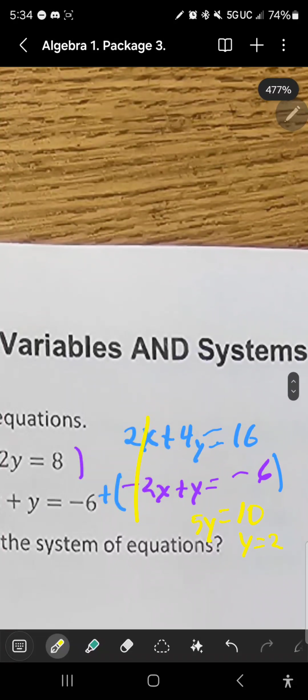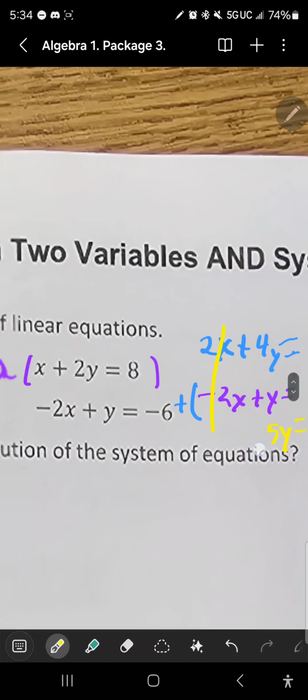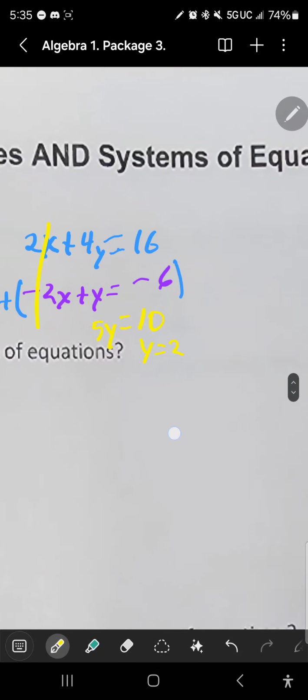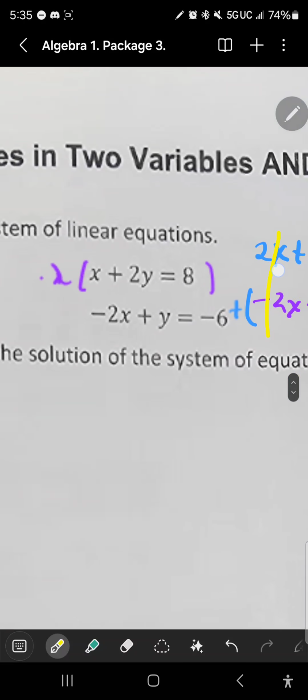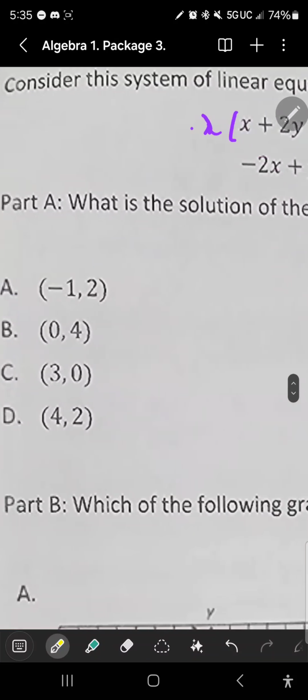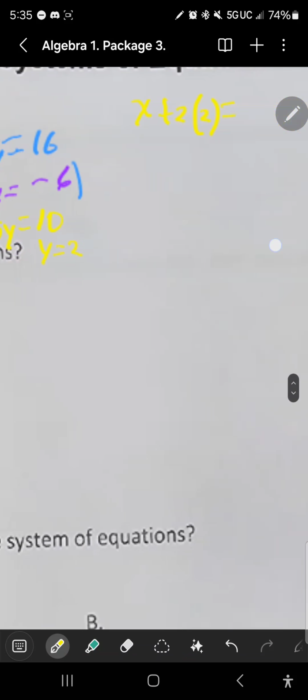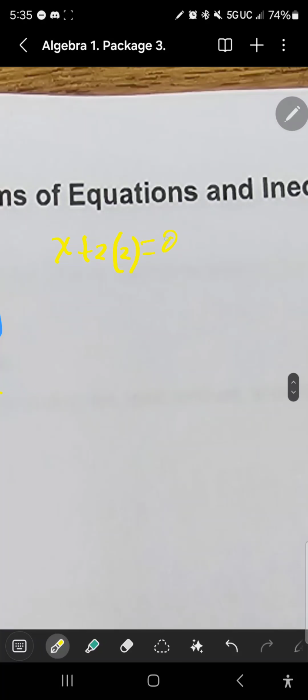Now I know the value of y, so I want to calculate the value of x. I can use either of the equations. Let me use the first one. So x plus 2y, which in this case is 2, equal 8.